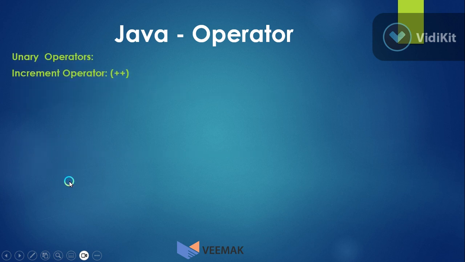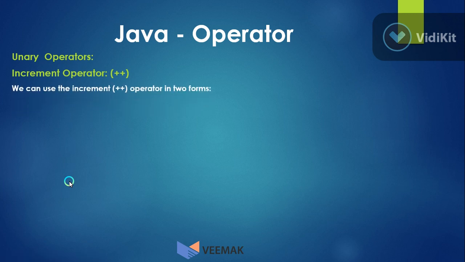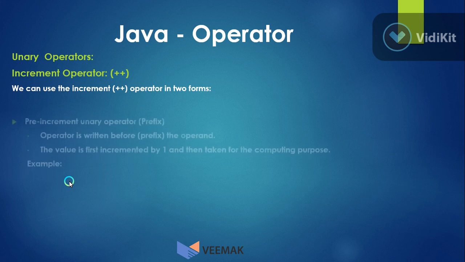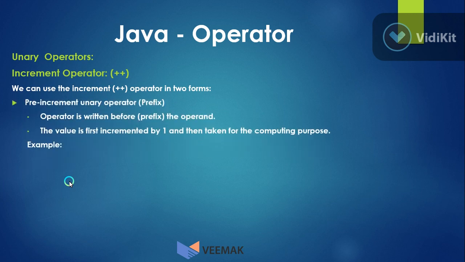Unary operators, increment operator. We can use the increment operator in two forms. The one is the pre-increment unary operator, the other is the post-increment unary operator. Pre-increment unary operator is written before the operand. The value is first incremented by 1 and then taken for the computing purpose.